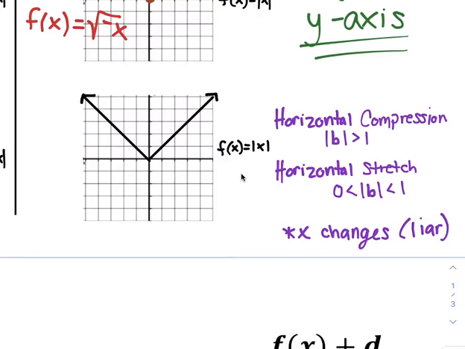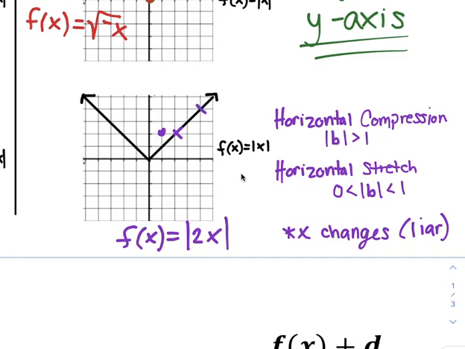Okay, so if I have something like f of x with a 2 on the inside, I'm going to compress that instead, and I'm changing the x values, okay? So if my x over here was at a 2, I'm going to move it into this 1.